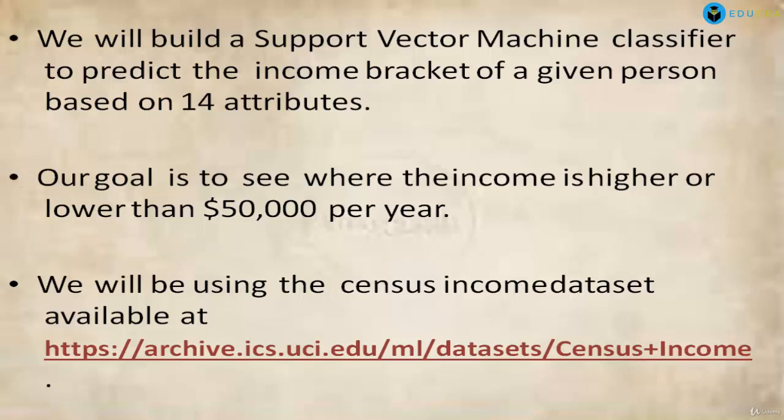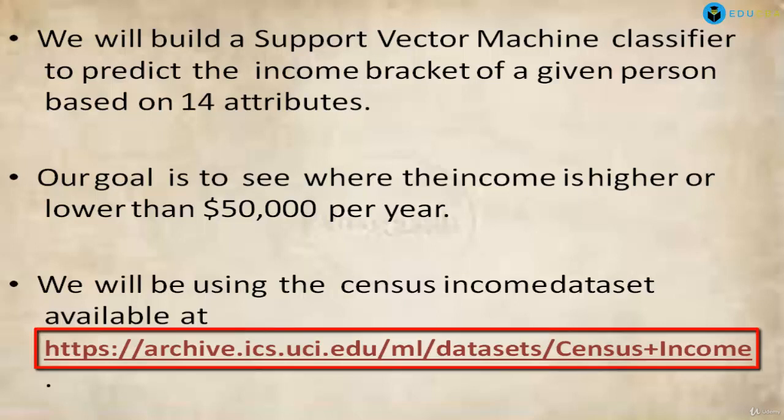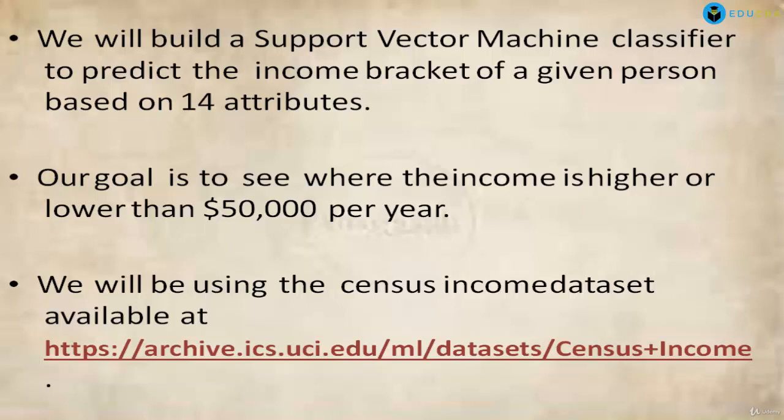So we are taking $50,000 as a reference value and comparing our income with that reference value, which will be either higher or lower than that value. For that we are using the census income dataset, which is available at the link given. Use that link to get the census income dataset if you want to use it.